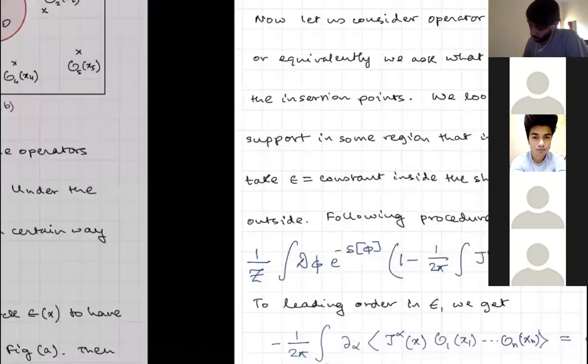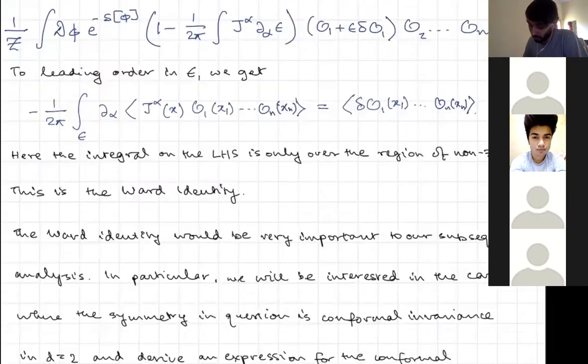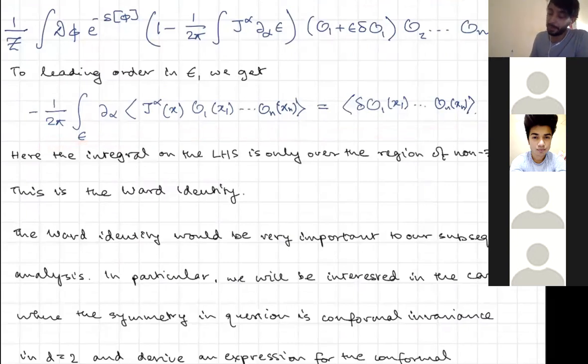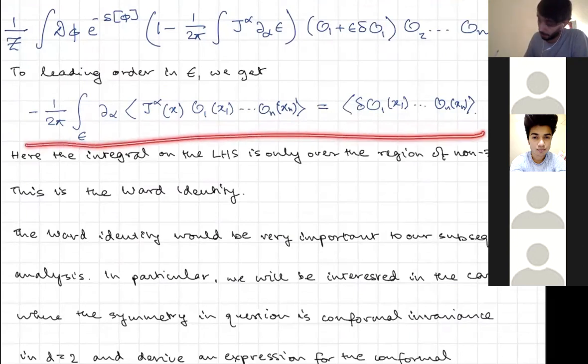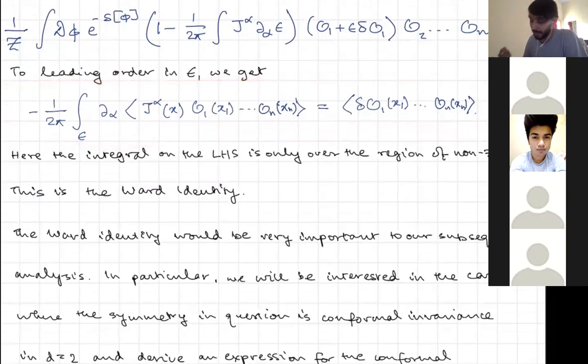And in that case, what we found is that we had an identity that related del alpha of J alpha inserted with the O's, with the change in the O's, if you wish. So this was the Ward identity at the end of the day that we derived, and that is going to be very important as we go ahead.